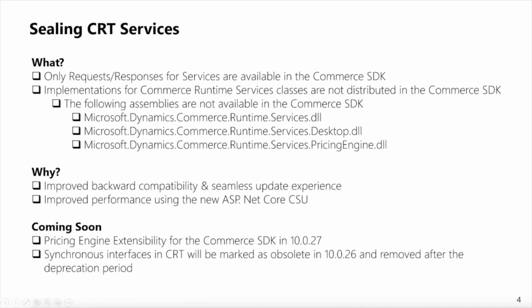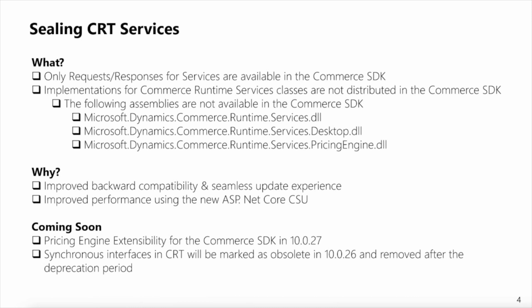Okay, starting with the ceiling of CRT services. Some background on this: in the retail SDK, the CRT services assemblies were available in the references folder, and there were some extensions that took a direct dependency on these services classes.